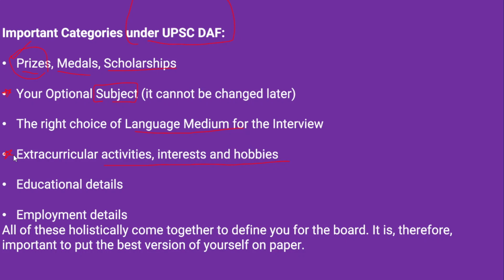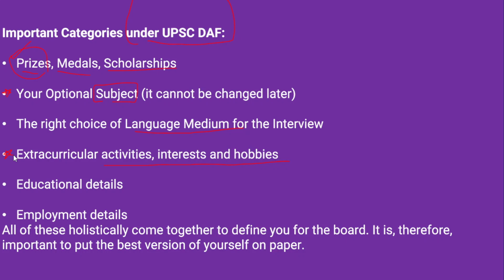But make sure that your hobbies or your extracurricular activities are not very vague. So they are not vague, they are at least making sense. And also you can write these hobbies and extracurricular activities in such a manner that you can answer any question the board members will ask.